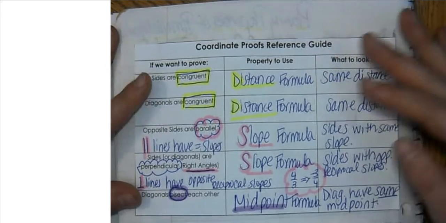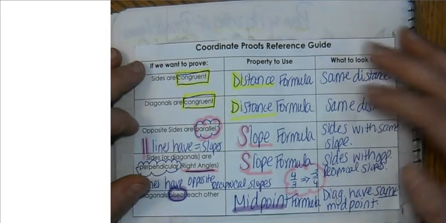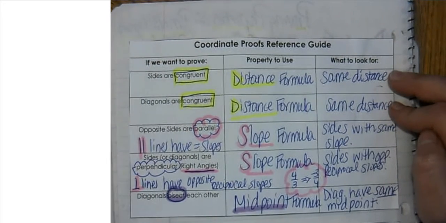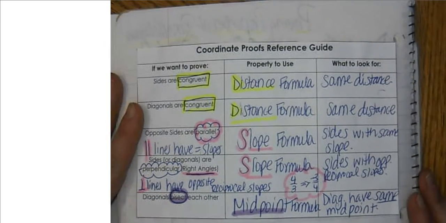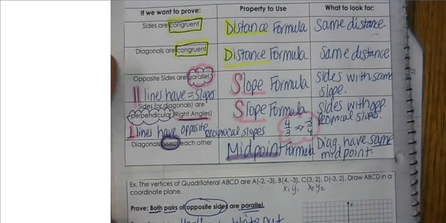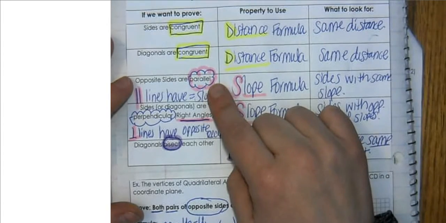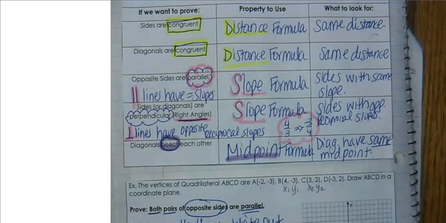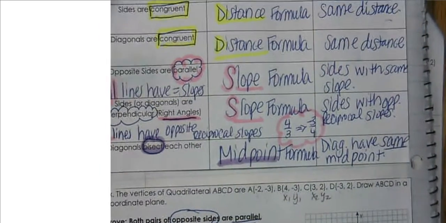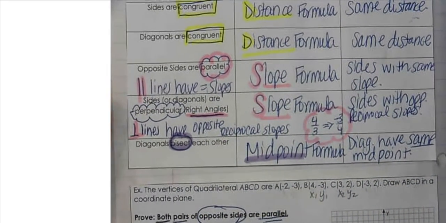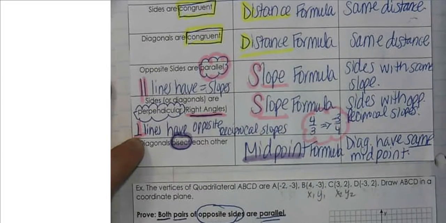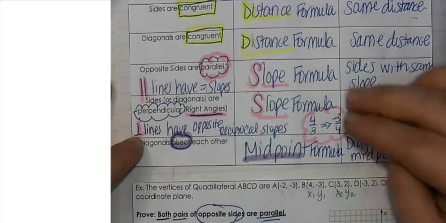When you see that word congruent, we always use the distance formula, and you would want to show that segments, or side lengths, have the same distance. If you are asked to show that opposite sides are parallel, or determine whether or not a shape has right angles, that would indicate perpendicular lines. You would need to use the slope formula.